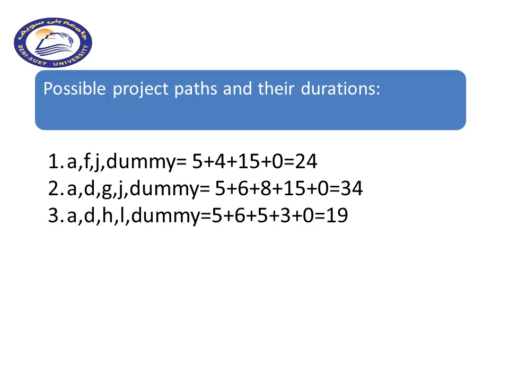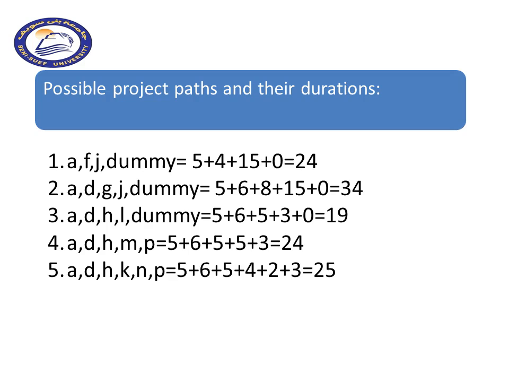Path number 3, A, D, H, L, dummy, 5, 6, 5, 3, 0, with 19 points in time. Path number 4, A, D, H, M, P, with 24 points in time.